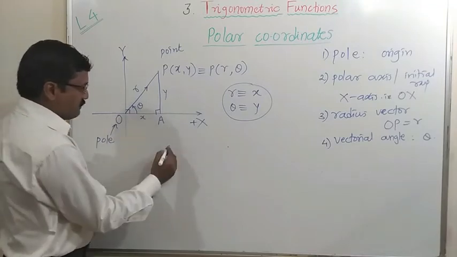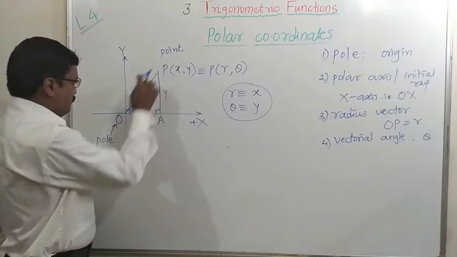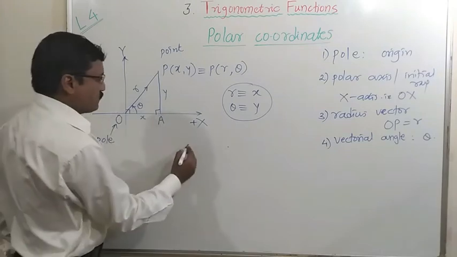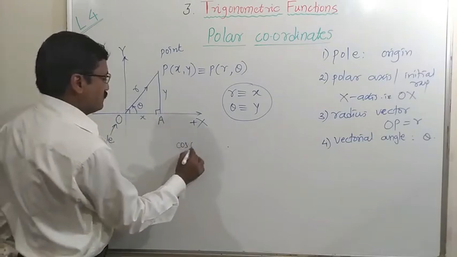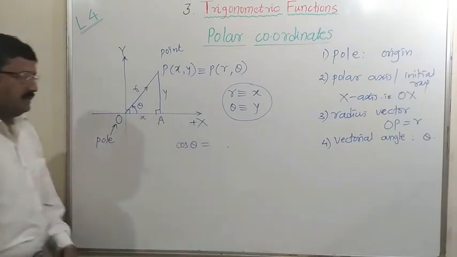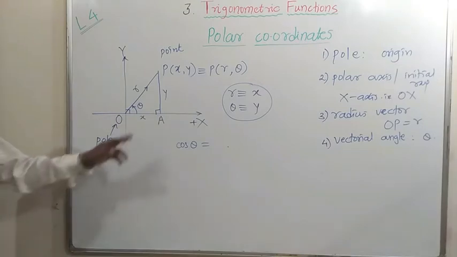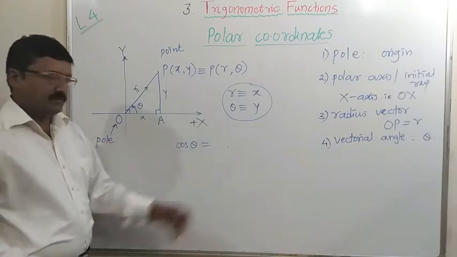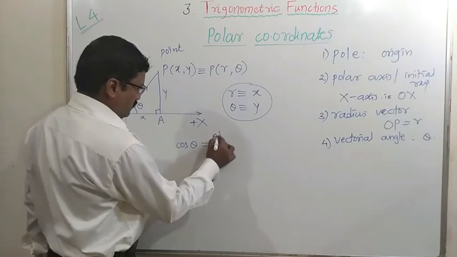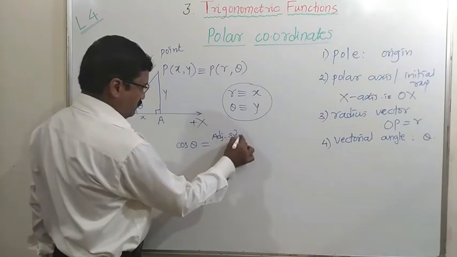For that, in triangle POA, if you find cos theta, then what is meant by cos theta? Cos theta means adjacent side upon hypotenuse. What is the adjacent side?